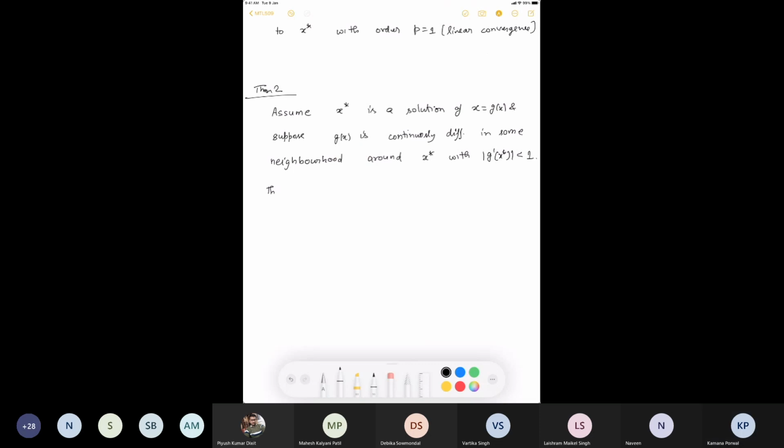Then my claim is that all the results of the last theorem, which is theorem 1, hold, provided x0 is chosen sufficiently close to x star.